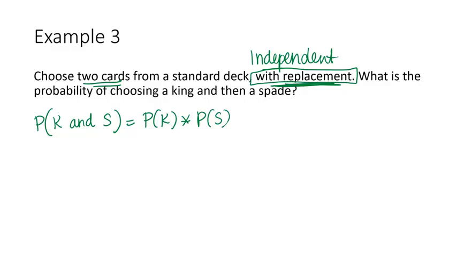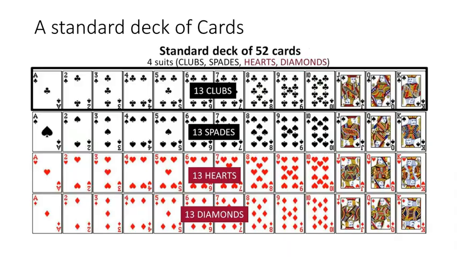So let's look again at our deck of cards from our last lesson. This is also something you're welcome to have on an exam. If I'm looking at the probability of a king, that would be the number of kings out of my total cards, just like we were doing in our last lesson.